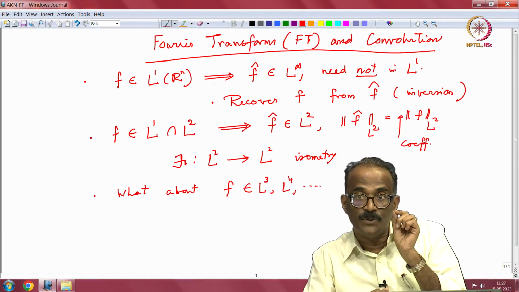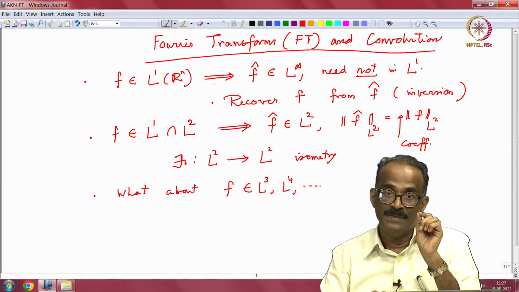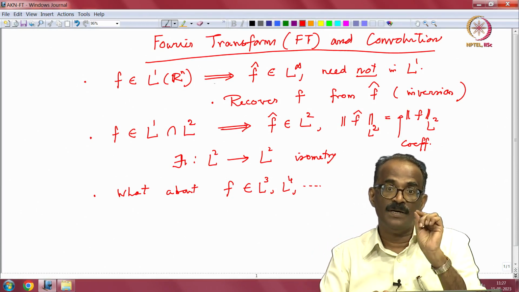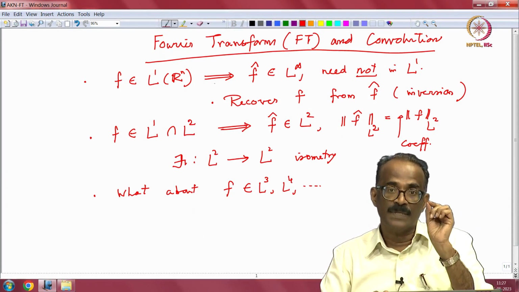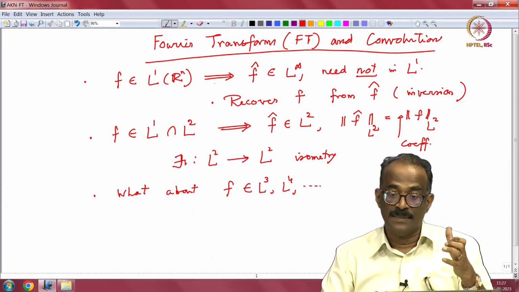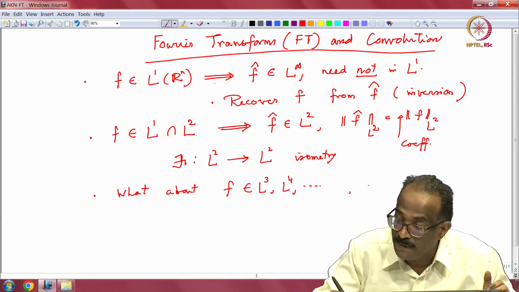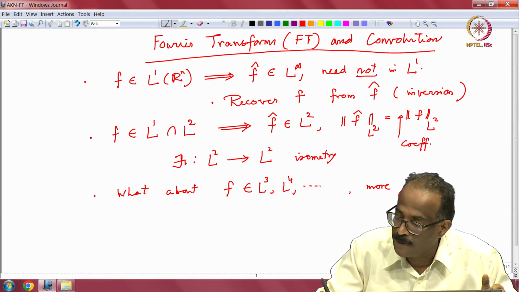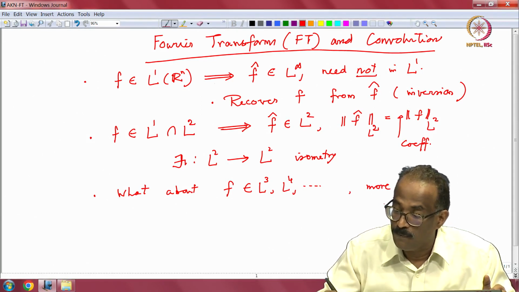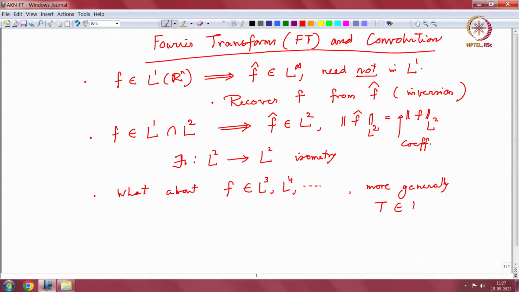Because the main tool used for f hat is its isometry and density. Just density is not enough, you need isometry. So, with that isometry you could extend it, or more generally, for T in D prime, how to define T hat, that is the question we are going to ask.